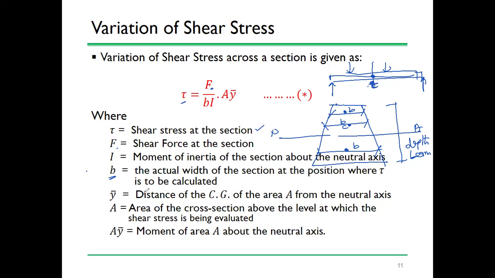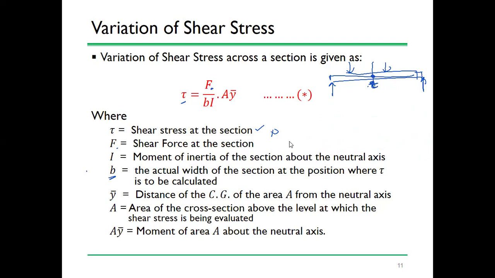What about Y bar, the distance of the CG of the area from the neutral axis? Again, if we have a section, let's say this rectangular section. Of course, we should know our neutral axis.